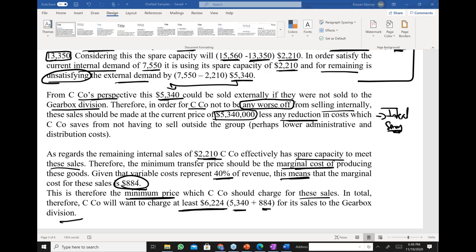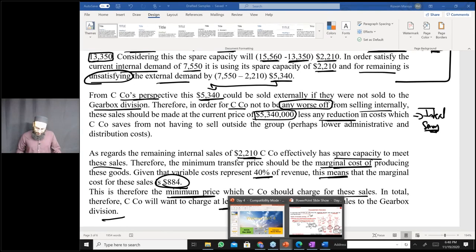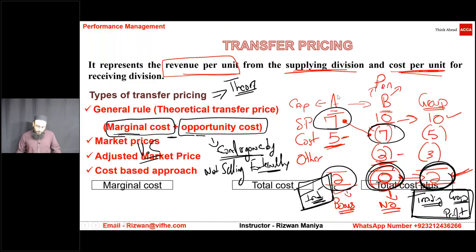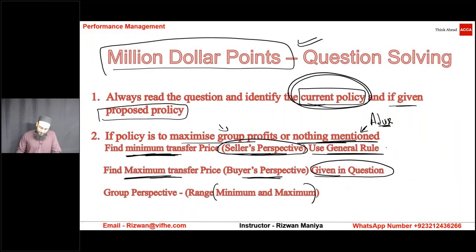Now let's end this answer. So done? Yeah, done. Let's come back to the million dollar points. The million dollar points say use the general rule for minimum. We are done. Find the maximum transfer price, and that you have to do through the buyer's perspective now.